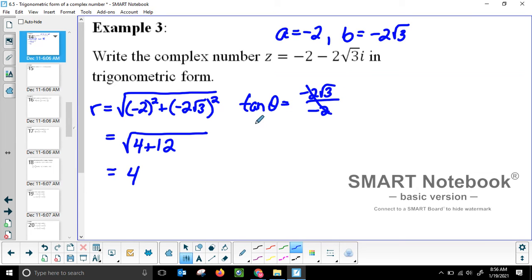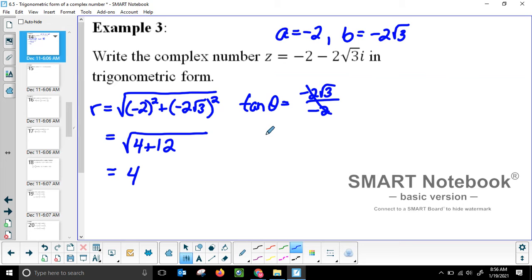On Delta Math, oftentimes they will not be. That's fine. All you have to do is take the inverse tangent. Of course, remember, the inverse tangent is only going to give you a value between negative pi over 2 and pi over 2 if you're in radians, or negative 90 degrees and 90 degrees if you're in degree mode.